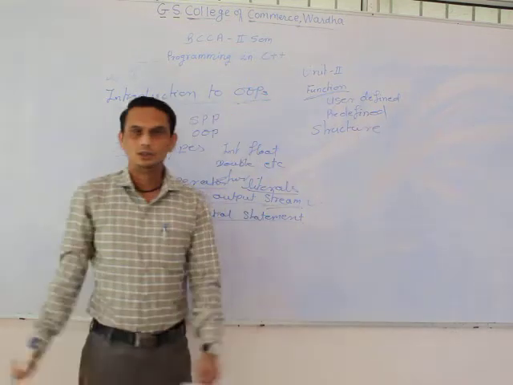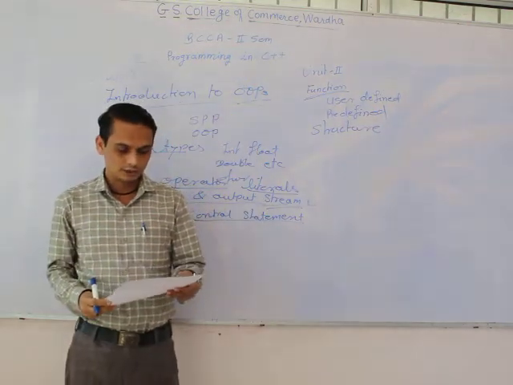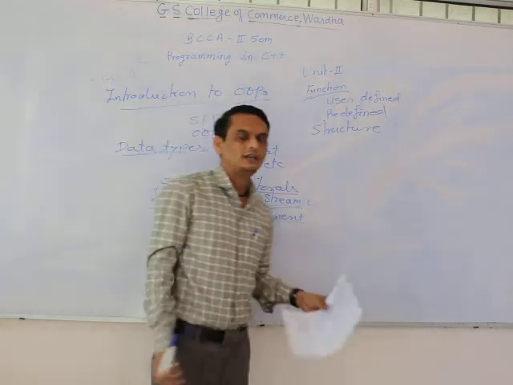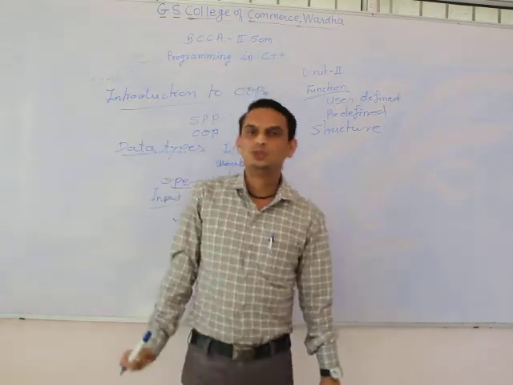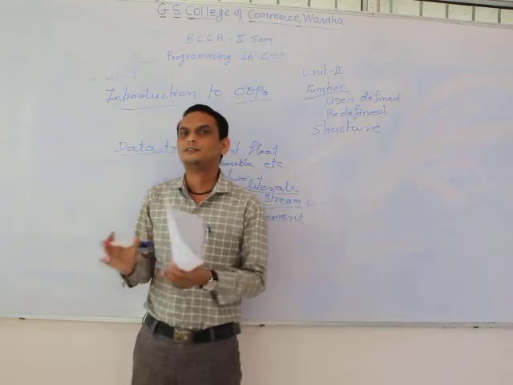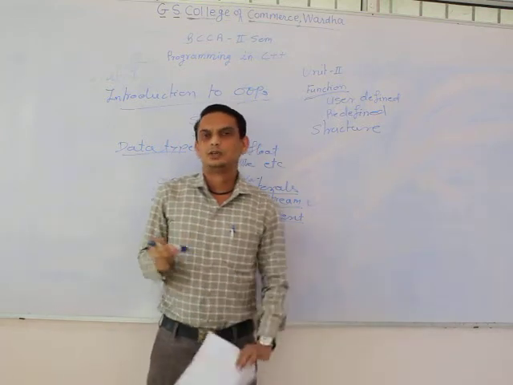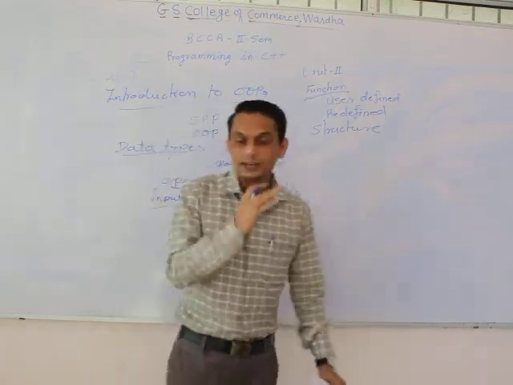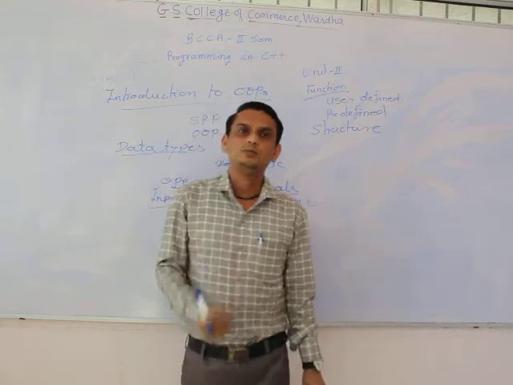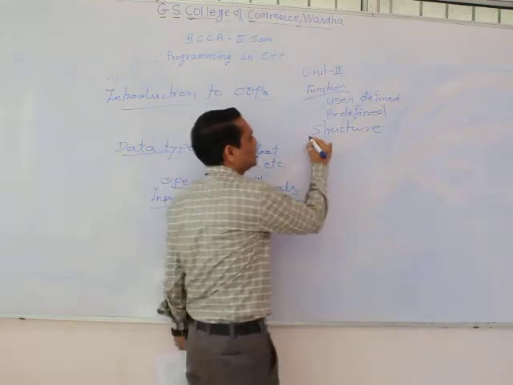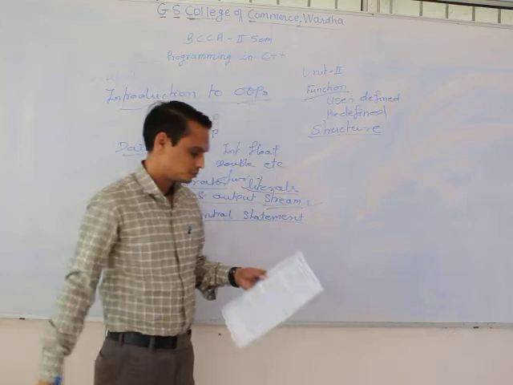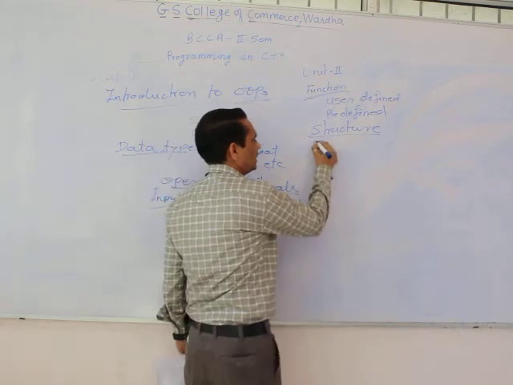Next one, structure. In the second unit, we have the second chapter, that is structure. Just like which type of functions we use, where the functions have different parameters or paradigm. That we discuss in functions and structures. Next one is array.